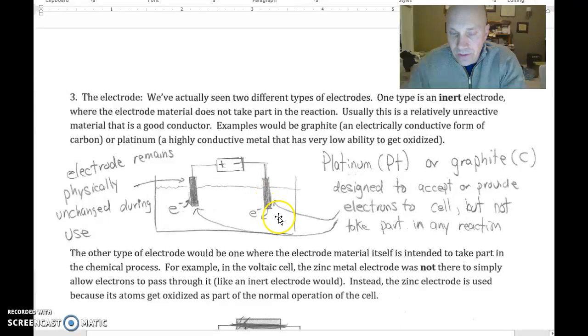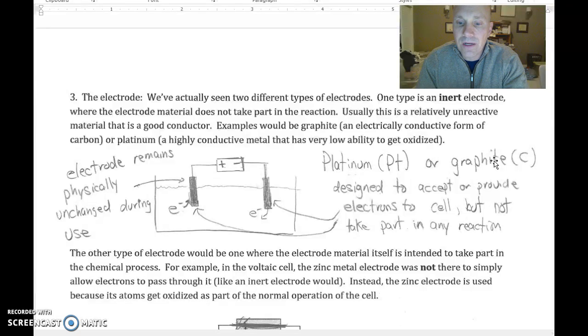Those electrons would be able to be supplied or accepted depending on the side, but it's not going to react with the materials that are in the cell. Another common material would be graphite. And graphite is the same material that you have in pencil leads.